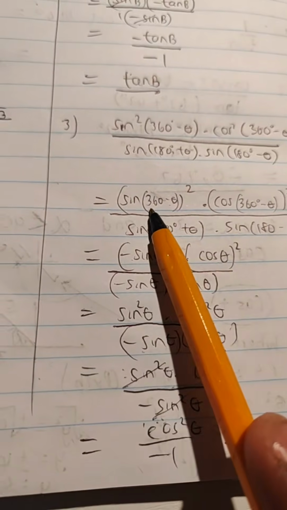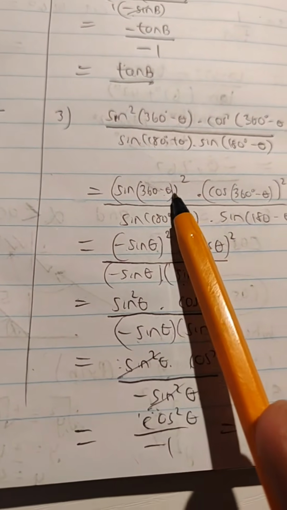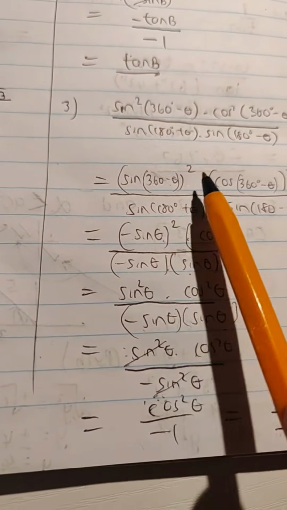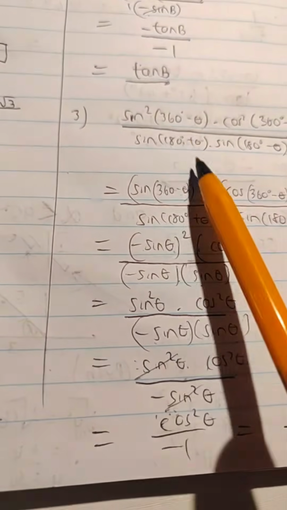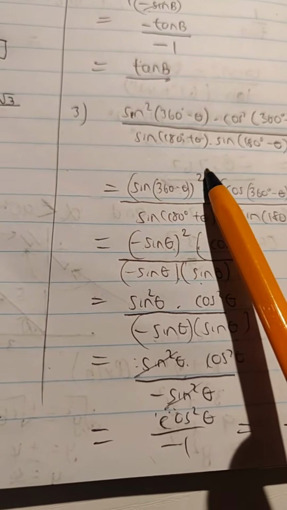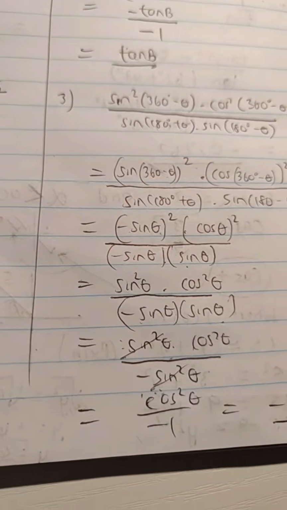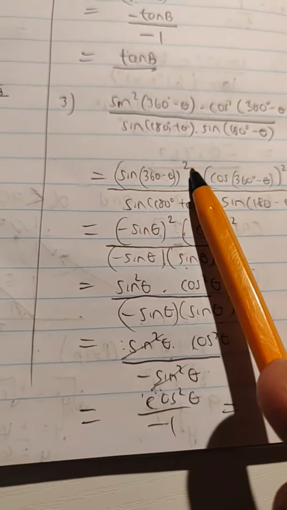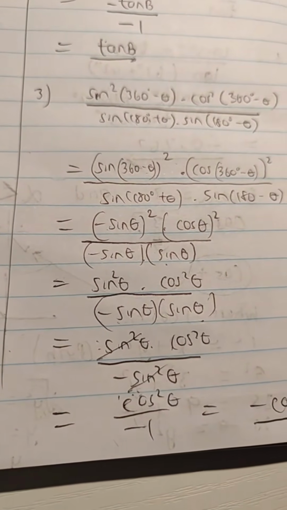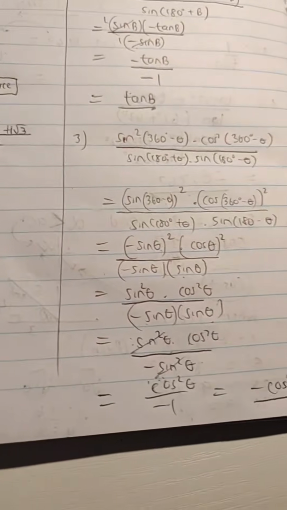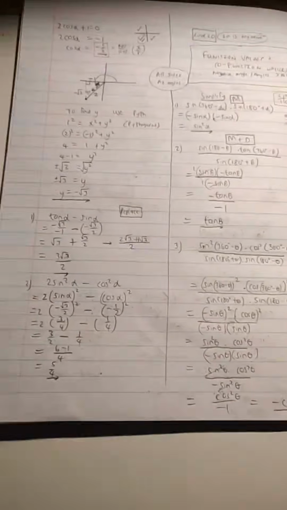I wanted you to see why it is that even though we evaluate sine of 360 minus theta and we get a negative sine theta, applying that square, which obviously you understand is outside the trig ratio, makes the trig ratio eventually positive because your exponent is even. I hope we are together there and that it's clear as daylight.